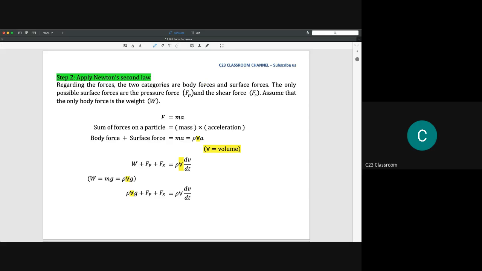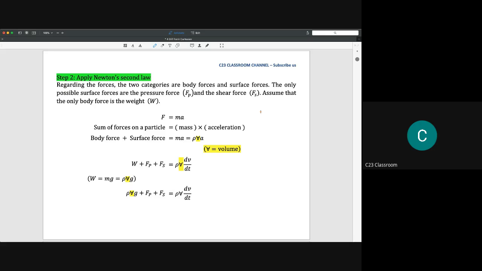Body forces mean forces that come from the body itself, so it's the weight of the molecule. And the surface forces are forces that come from the fluid, the forces that may exist when fluid flows around the particle.